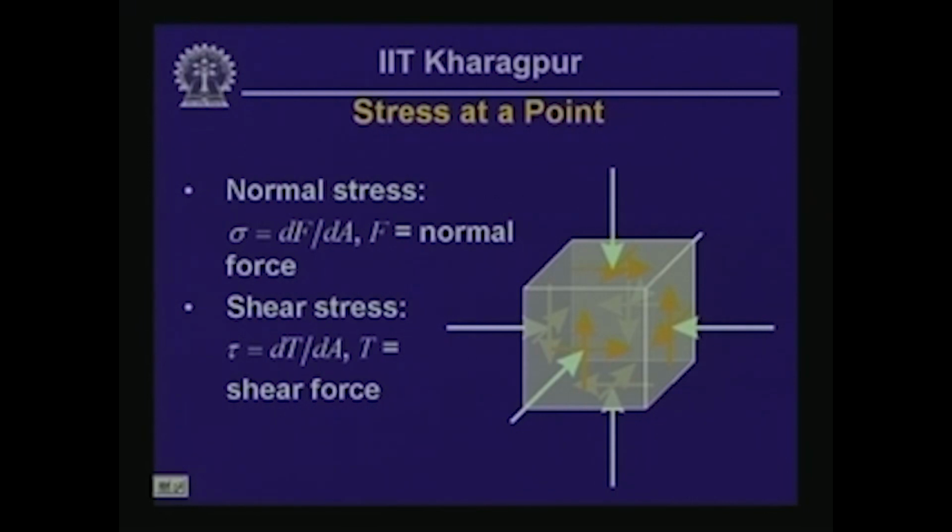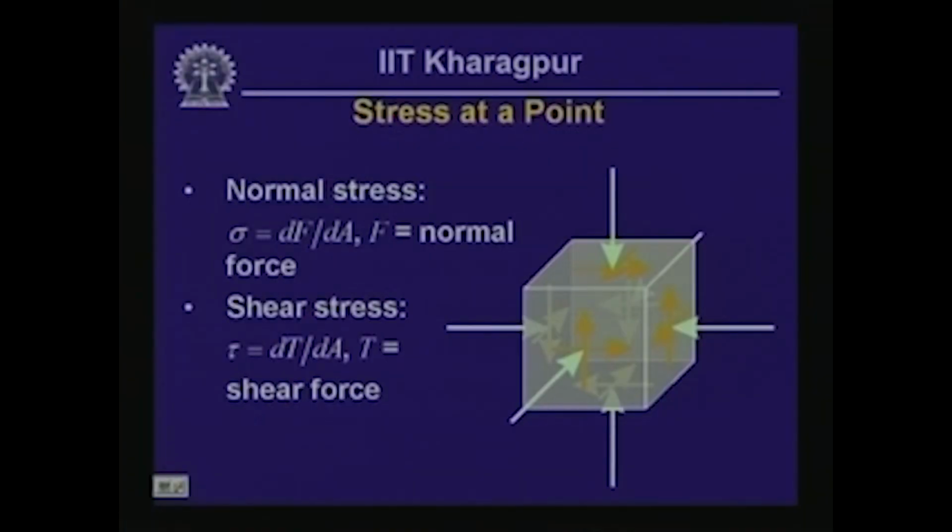Okay. So in general then, for a three-dimensional state of stress, we are going to have three normal stresses oriented in three orthogonal directions within the body, within the rock mass or soil volume, and we are also going to have three more shear stresses on three orthogonal planes.